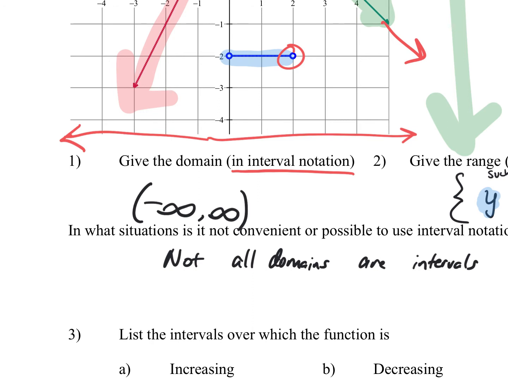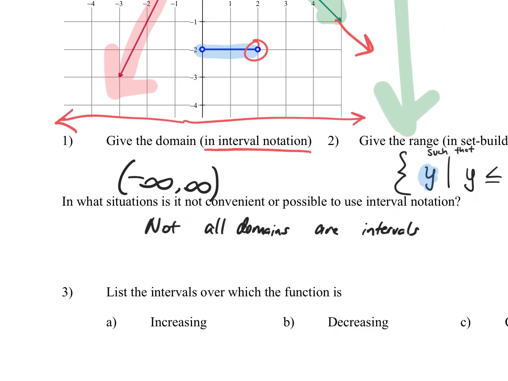I would want to say something like all values such that x is part of the integers. So not all domains are intervals. When I don't have a range of values, when I don't have an interval, that's when set builder might be useful. Just as a note, interval notation is the default. Set builder will be used as needed. We'll use that more as we get into the second half of the year.